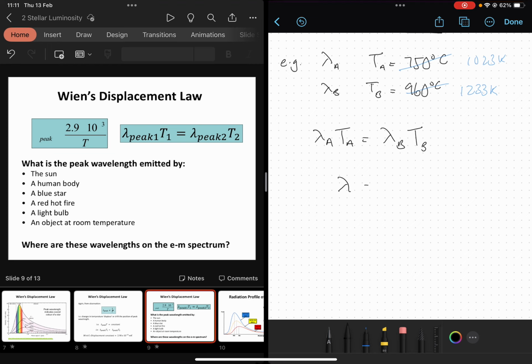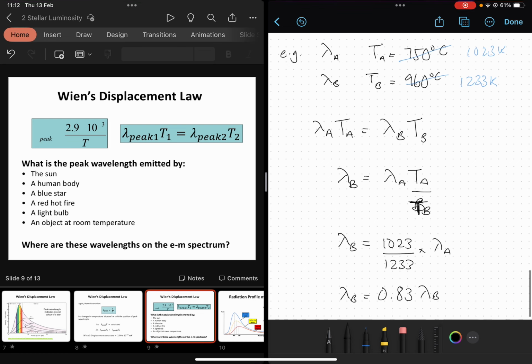And so now I can express the wavelength of lambda B in terms of lambda A. Sorry, that should be TB. Okay. So lambda B is equal to 1023 is TA, 1233 is TB, lots of lambda A.